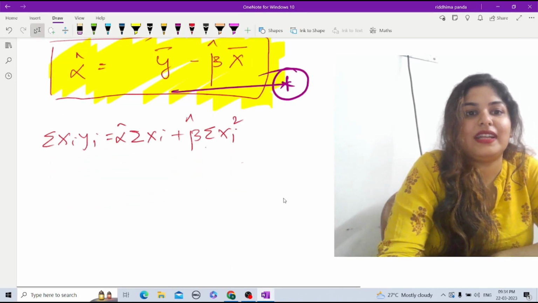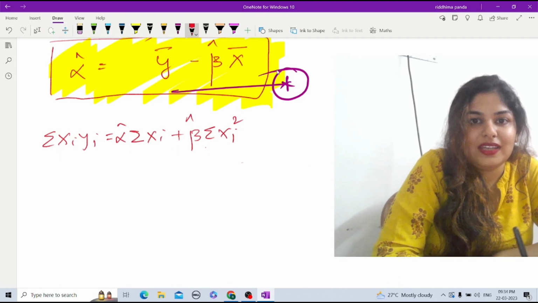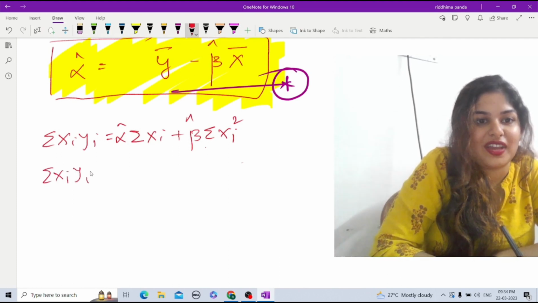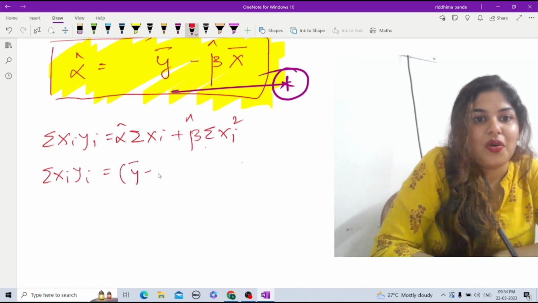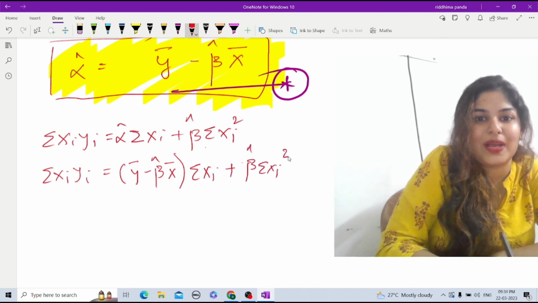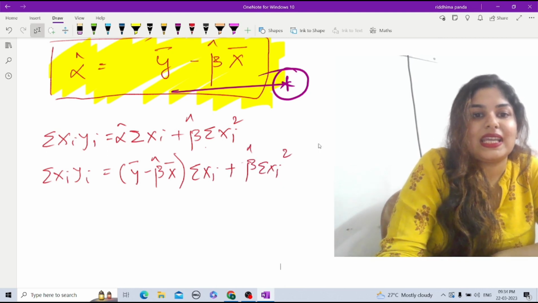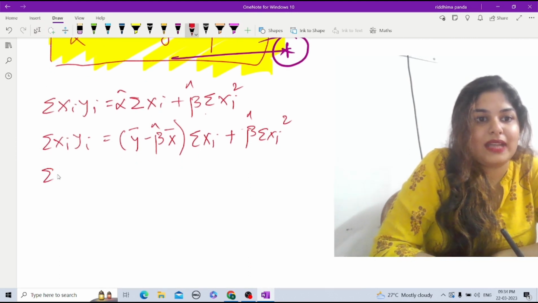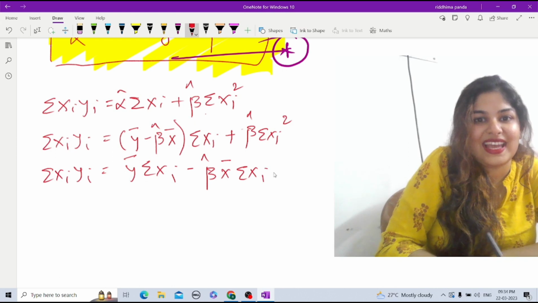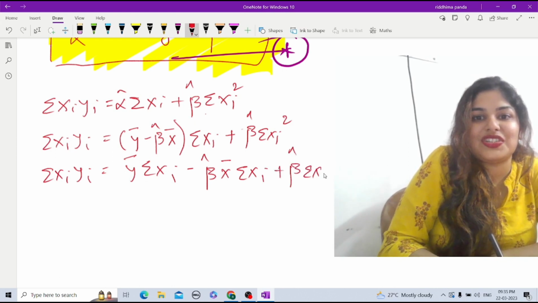Now from here let us put the value of alpha hat from the star equation, that is the estimated value. So we have summation xi yi is equals to y bar minus beta hat x bar summation xi plus beta hat summation xi square. Let's open the bracket, expand. So summation xi yi is equals to y bar summation xi minus beta hat x bar summation xi plus beta hat summation xi square.